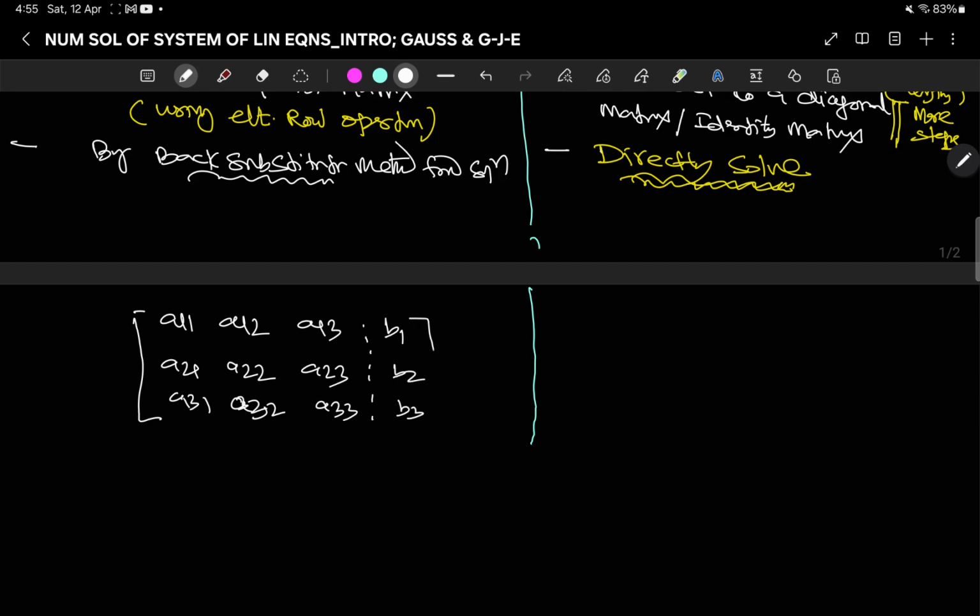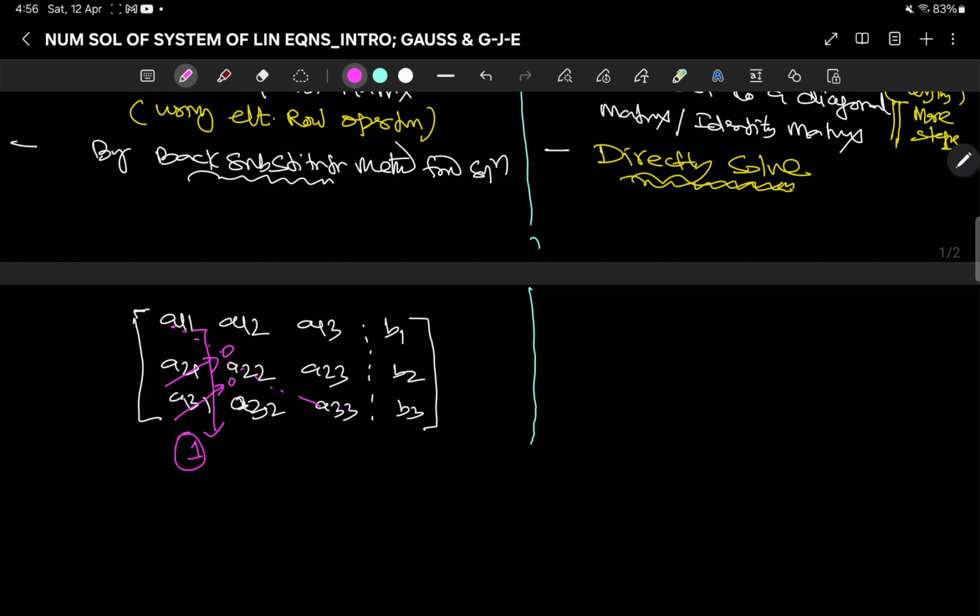Whatever operation is performed, it is done on the left hand side as well as the right hand side. At the first step, your intention is to bring it to an upper triangular matrix, which means below the diagonal the elements should be zeros. At first step you use this to bring this element to 0, and bring this one to 0. It is your step 1.